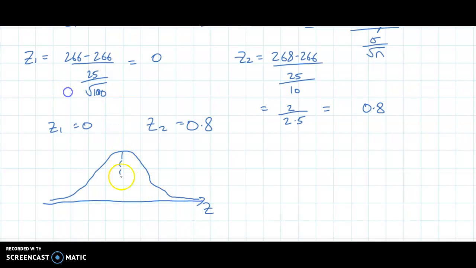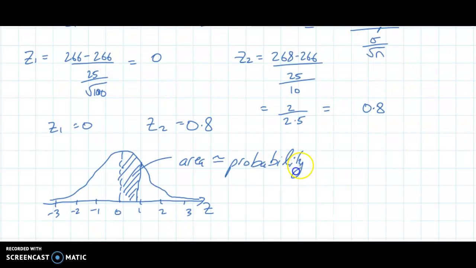We always have 0 here in the middle, and then 1, 2, 3 standard deviations out to there, and minus 1, minus 2, and minus 3 standard deviations this way. Z equals 0.8 is just going to be about here, and Z equals 0 is this center line. So we're looking for this area here. Remember, the area is equivalent to the probability.